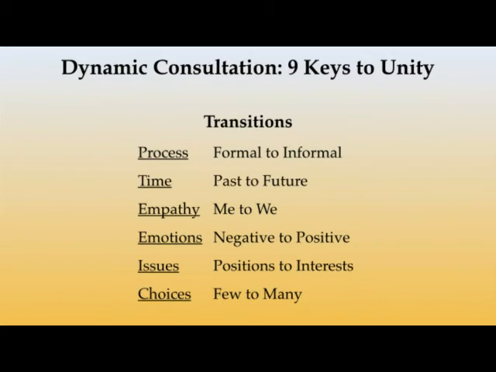Emotions moving from focusing on negative to positive, focusing on moving from positions to interests, and moving from few to many choices. These are the different types of transitions we hope to see as we go through a consultation. People in better moods can think more creatively and more expansively, make better decisions. Very simply.